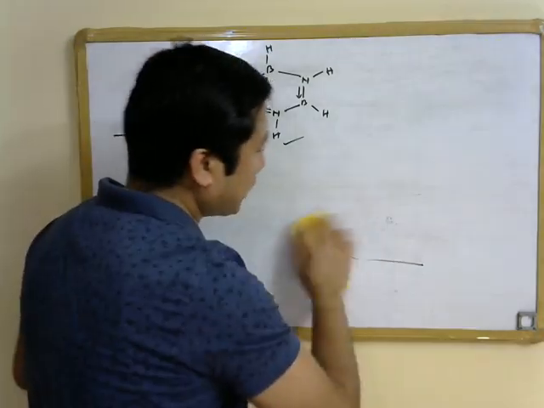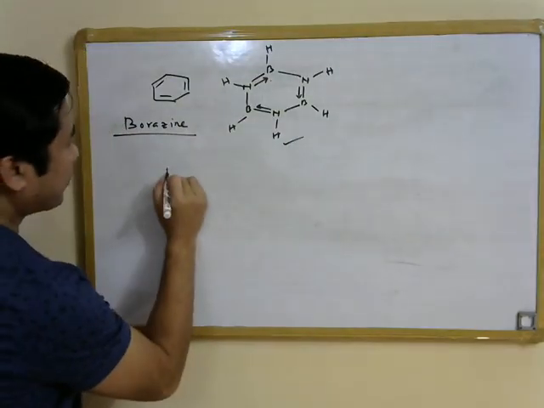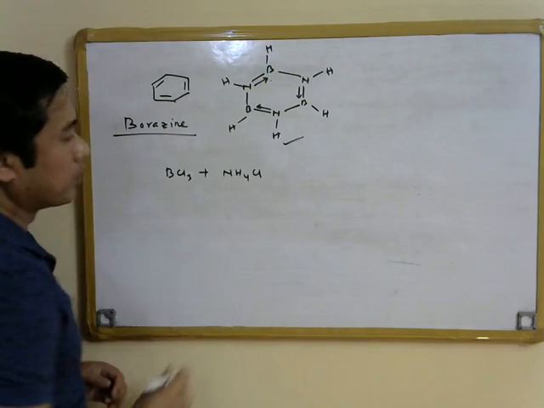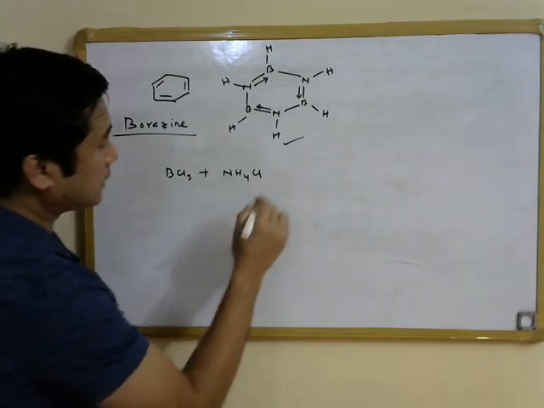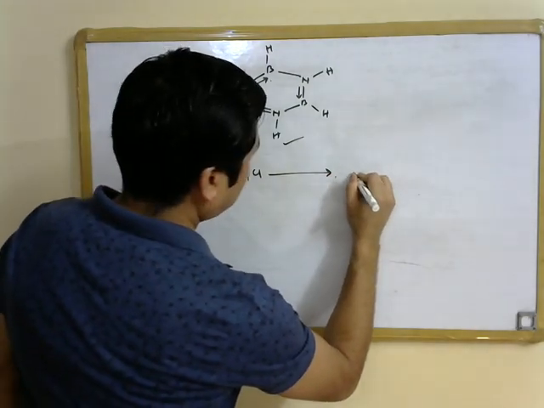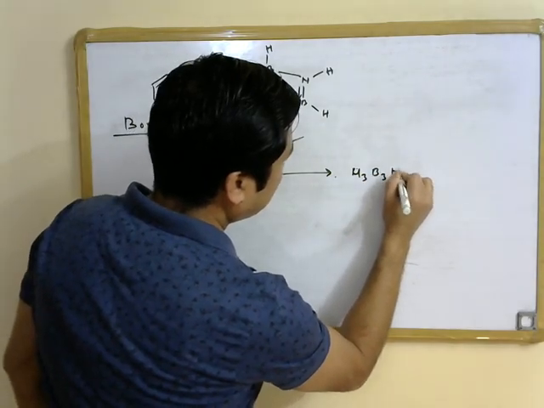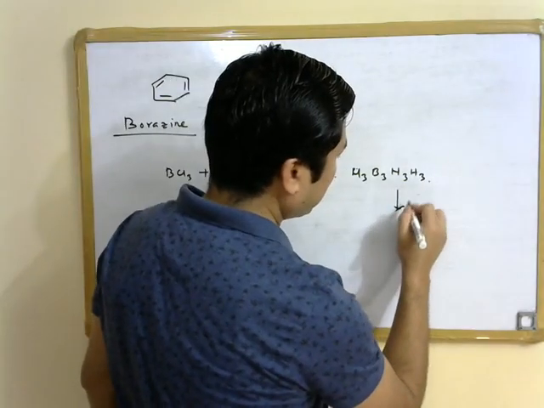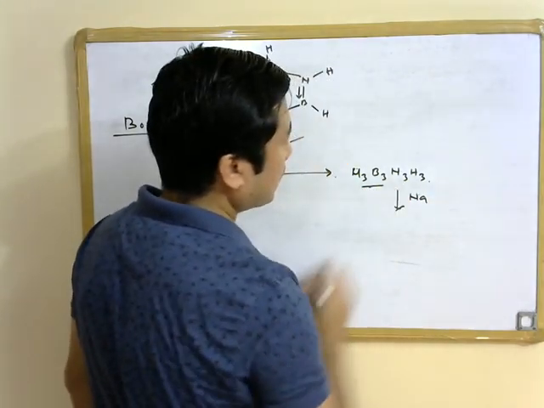This is how Borazine was initially prepared by Alfred Stock, but better synthetic procedures have evolved since then, and one can prepare Borazines in better yields by reaction of BCl3 with ammonium chloride. Instead of taking ammonia, one can take the conjugate acid, that is the ammonium salt, and this gives Cl3B3N3H3.